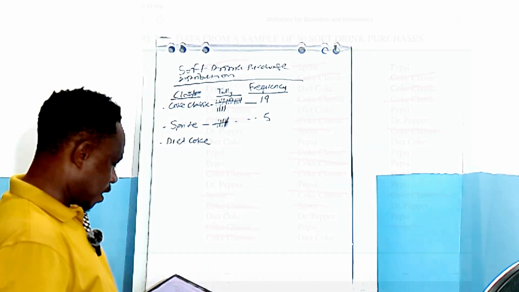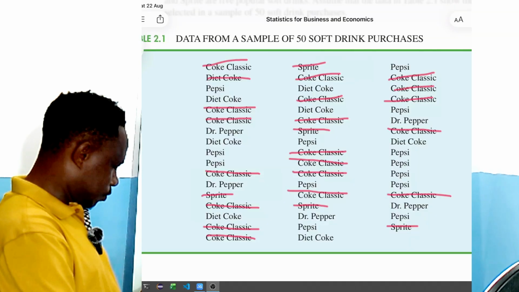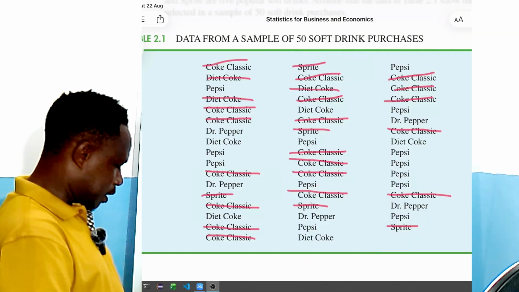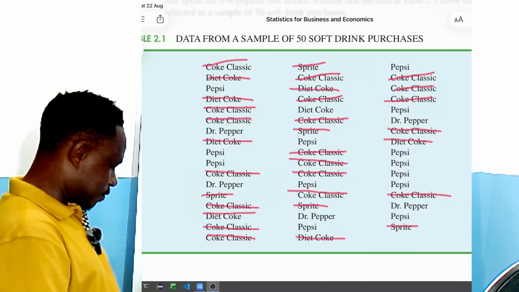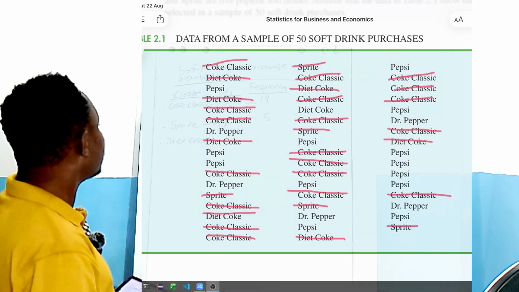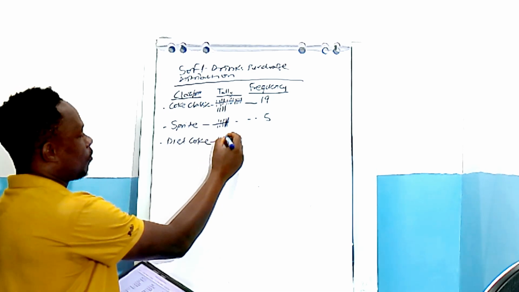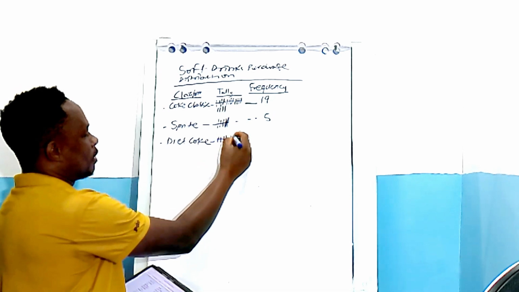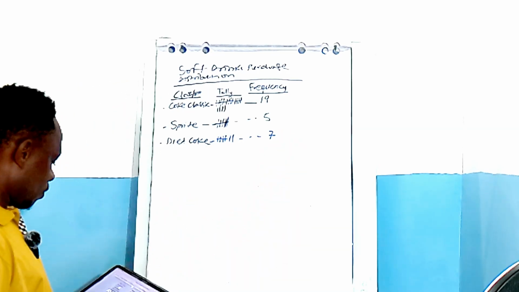Here again we have 1, 2, 3, 4, 5, 6, 7. So 7 Diet Coke. You again put the tally marks 1 to 7, and then you write that as the frequency for the Diet Coke.